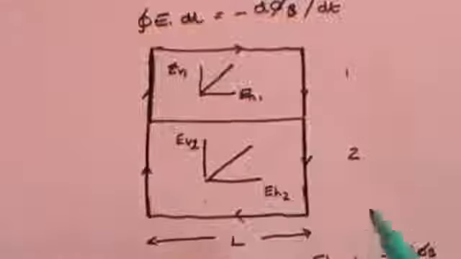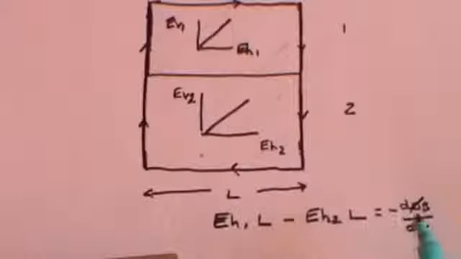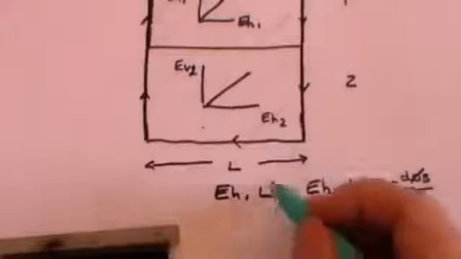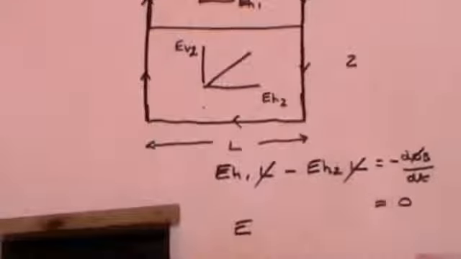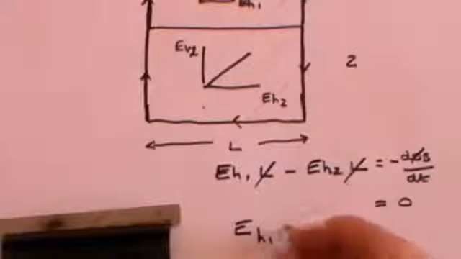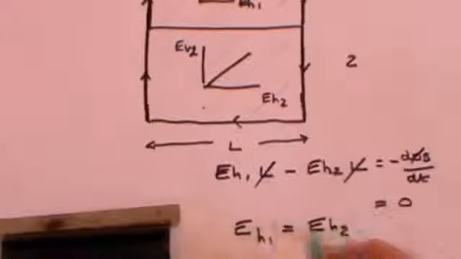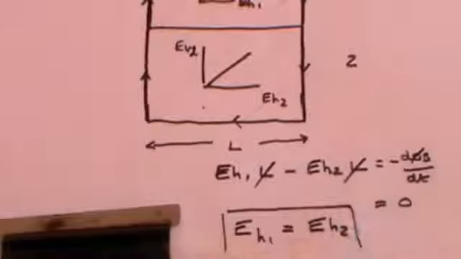So what is the flux that can go through an area that is infinitesimally small? It is 0. No flux can go through. And so now we can cancel the L terms and we get the second boundary condition, which is that EH1 equals EH2. That's the second boundary condition.